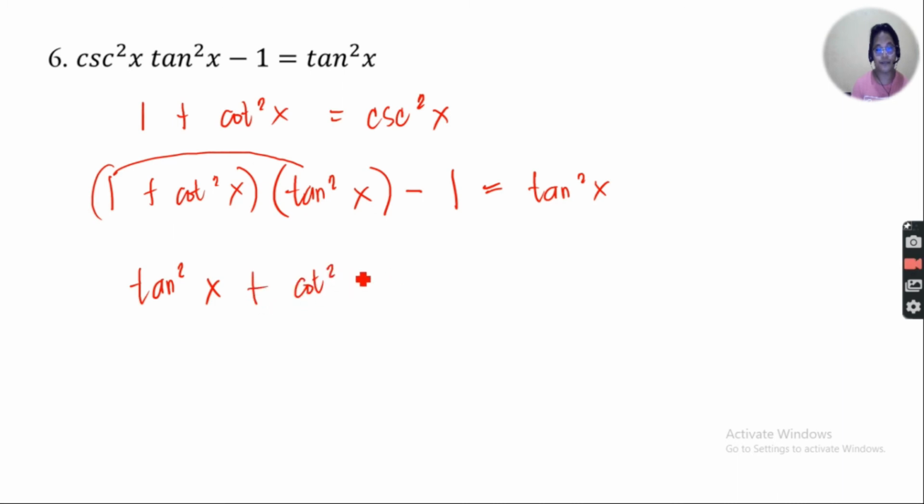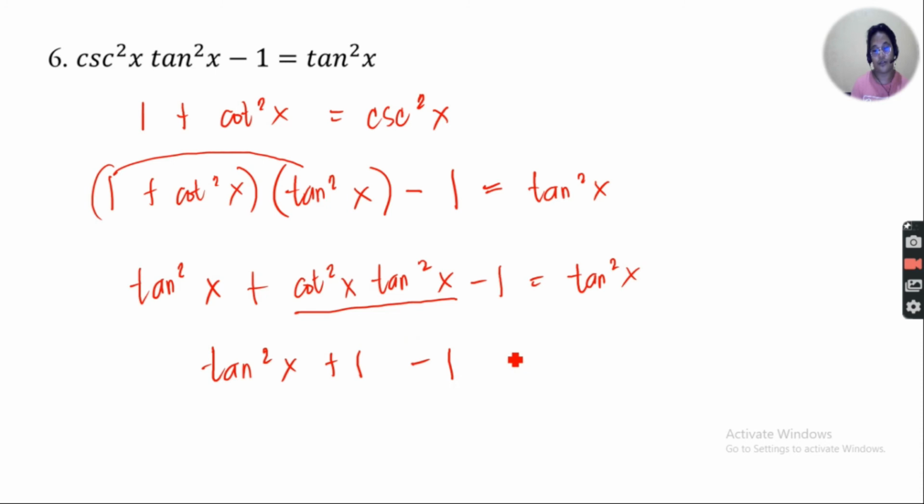Ganito po. Minus 1 is equal to tangent squared x. And, cotangent squared x times tangent squared x is equal to 1. So, plus 1 minus 1 is equal to tangent squared x. Bakit po naging 1 po siya? Kasi sila ay reciprocal identity.